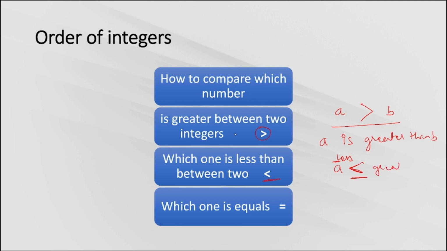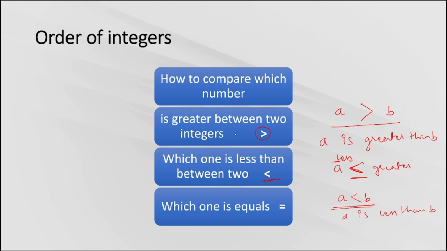So if you see this statement, how will you read it? A is less than B.